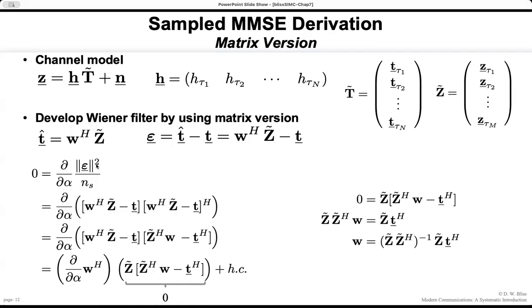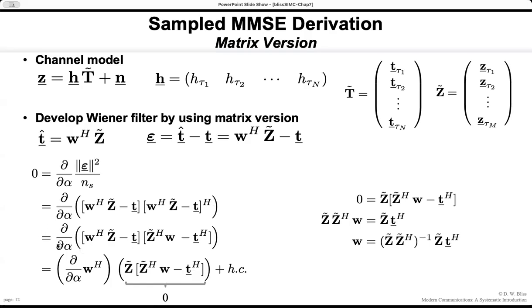But the squared error ends up being the error times the Hermitian conjugate of the error. And so that's W Hermitian Z minus T, times the quantity W Hermitian Z minus T, Hermitian.